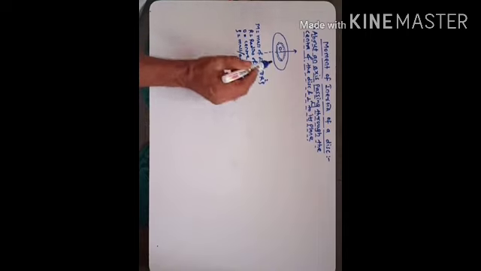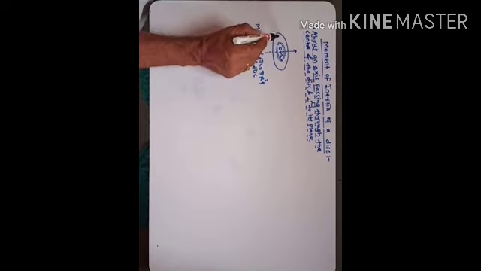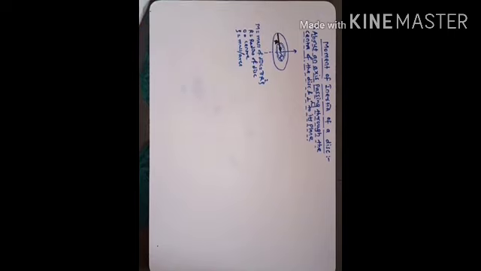Suppose this is one ring having radius small r. See here, small r is the radius of one ring, and this capital R is the radius of the total disk. Suppose this much is dr. dr is the thickness of the ring.